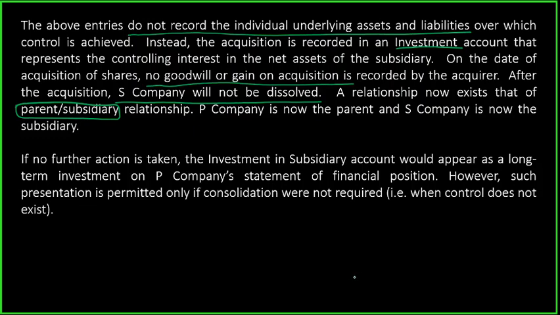Okay? So, if no further action is taken, the investment in subsidiary account would appear as a long-term investment on P company's statement of financial position. However, such presentation is permitted only if consolidation were not required. We have a separate discussion on the consolidation of financial statements.